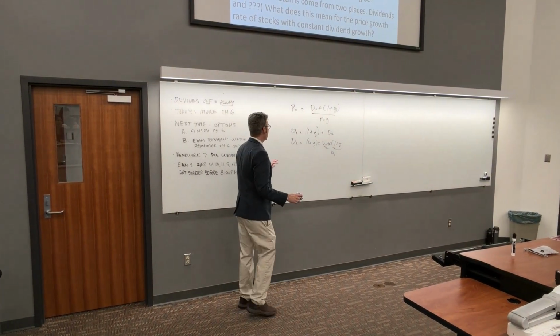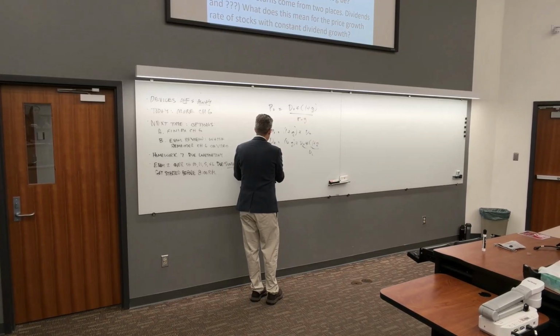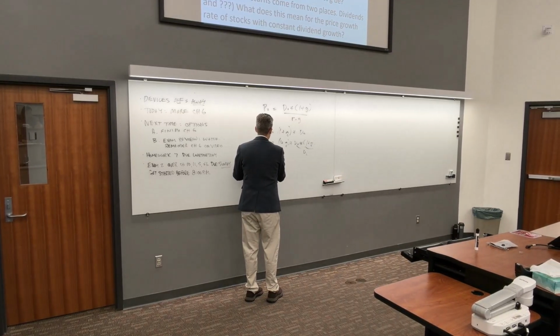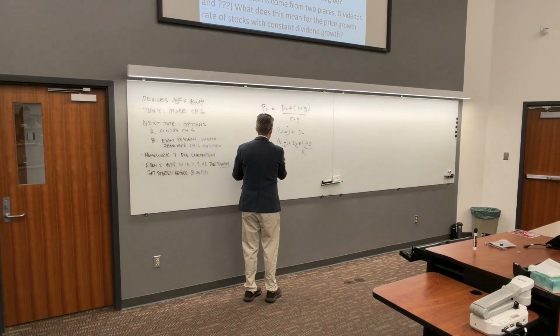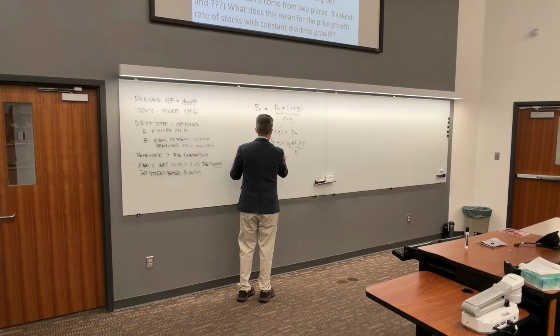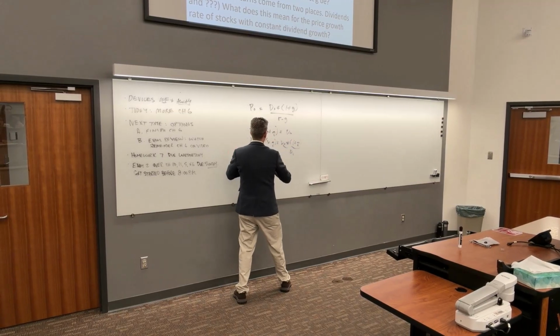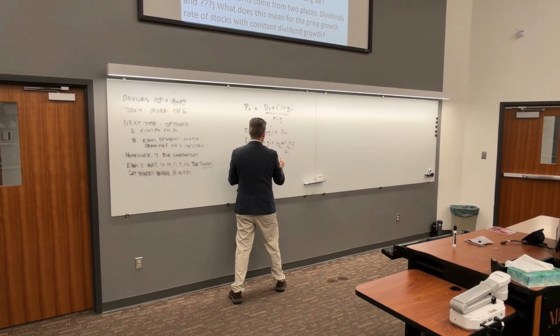And so what we're eventually going to get to is D sub y is equal to D sub x times 1 plus G to the y minus x power.